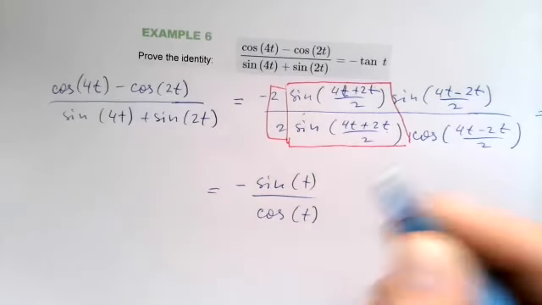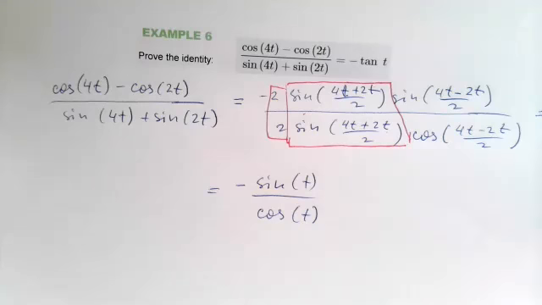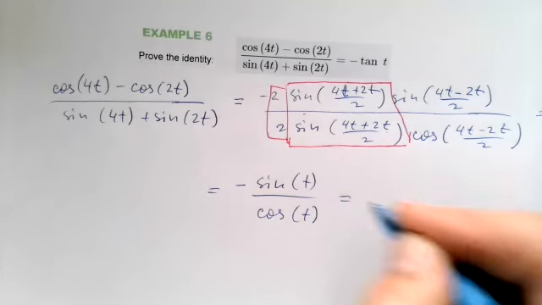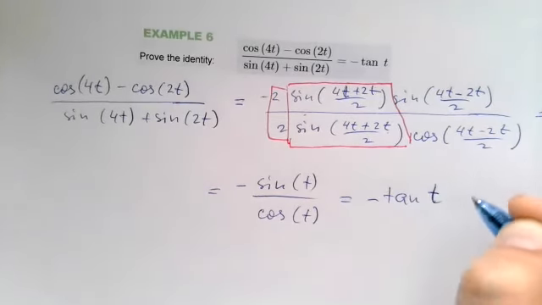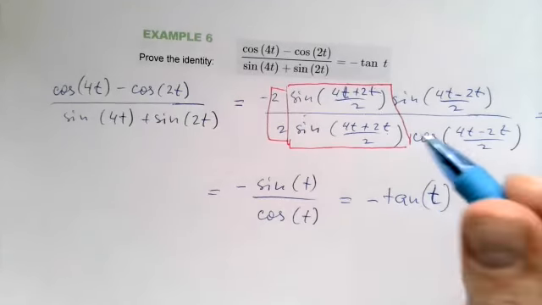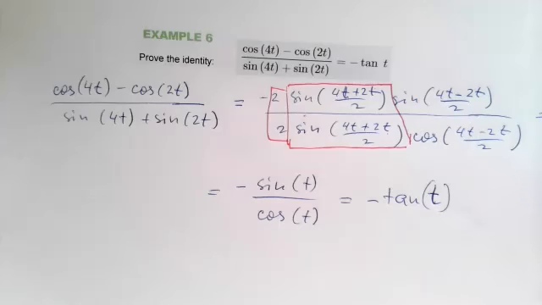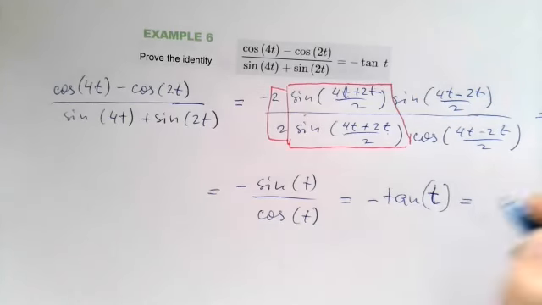Again, that's just t. And sine over cosine is tangent, right? So I have negative tangent t, which is actually our right-hand side of this identity. So we did prove it.